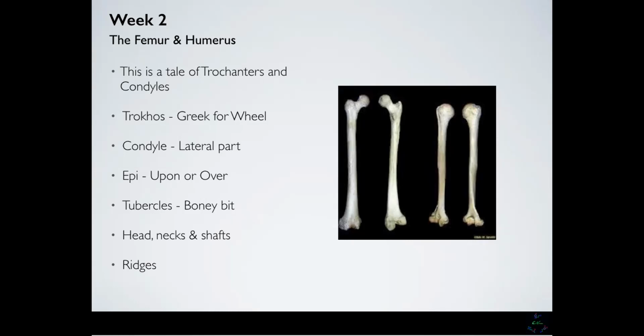Epi as a prefix is upon or over, which is great, because that makes a lot of sense when we look at epicondyles. Tubercles you already know, which is a bony bit, and then we have the head, neck, and shaft. Now, head, neck, and shaft sounds a little bit dodgy, but I'm going to do a really daft explanation of how you can remember both the humerus and the femur.